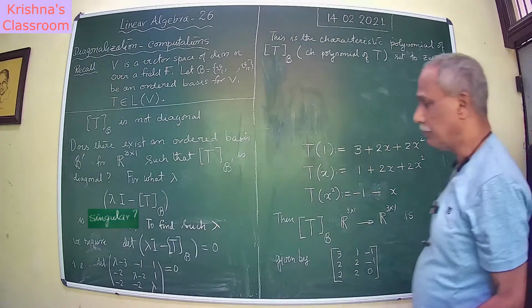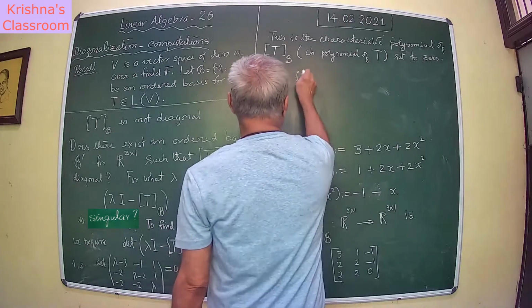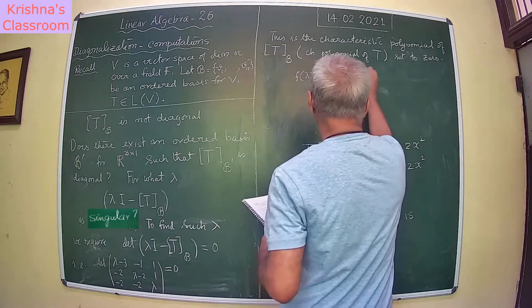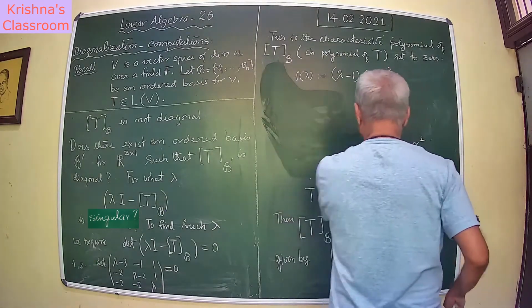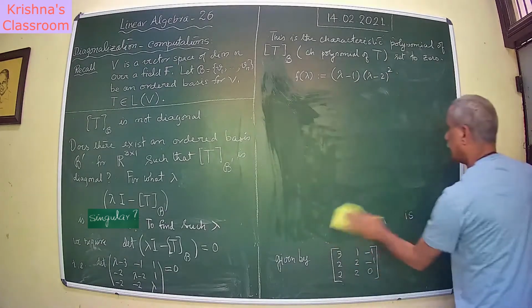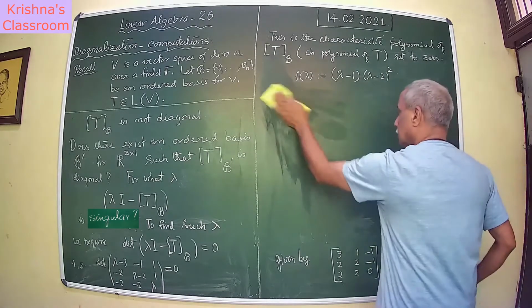And if you simplify this, you get f of lambda. This is the characteristic polynomial. I was just checking whether computations are right. Well, you can explicitly compute it and see what this is.